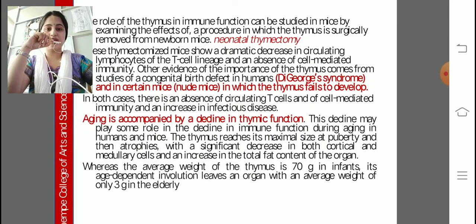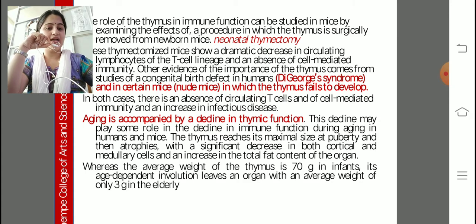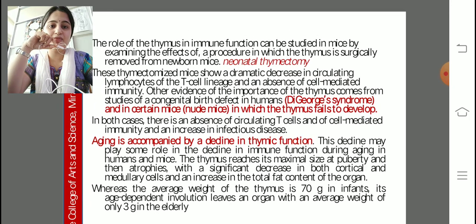When this organ was removed, the mice was susceptible to several infections, failed to reject skin grafts, and also died prematurely. So this was an observation that the thymus produced far more immune functions, and therefore the T cells or thymocytes were named after the thymus, and this was found by Miller, as I said.